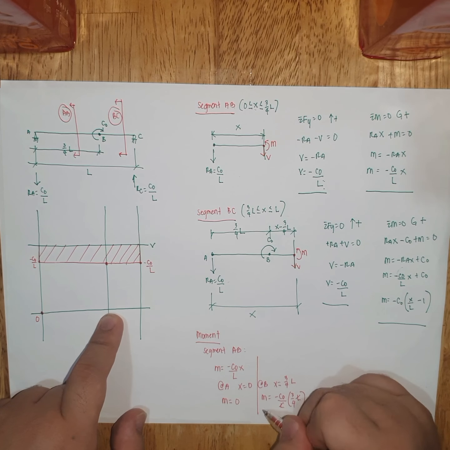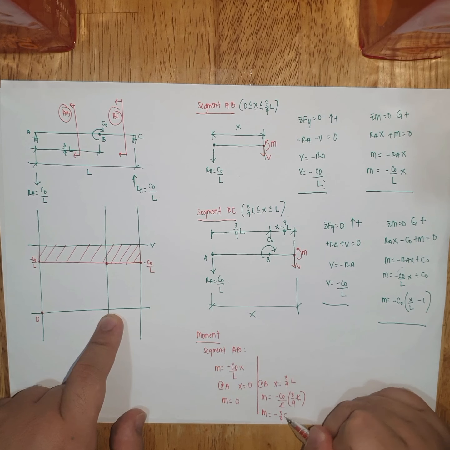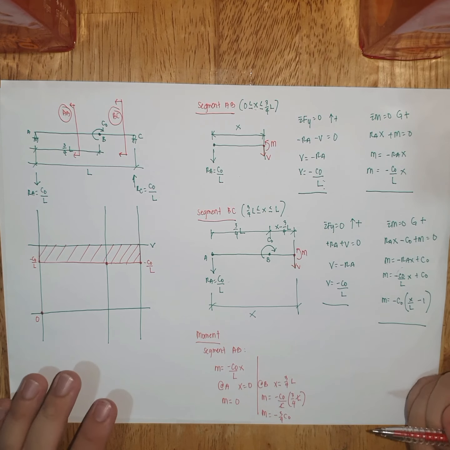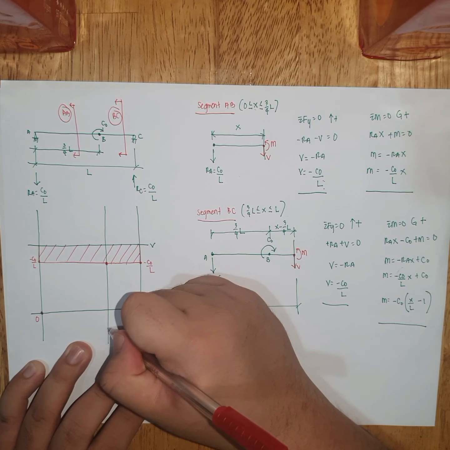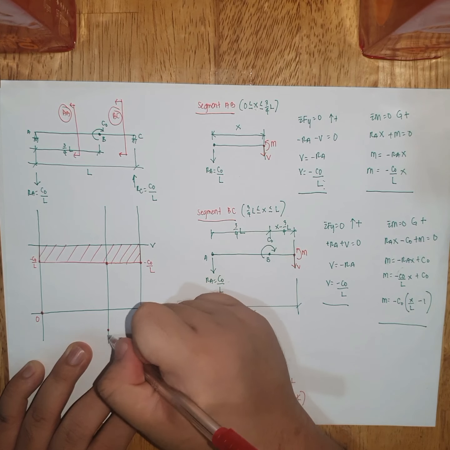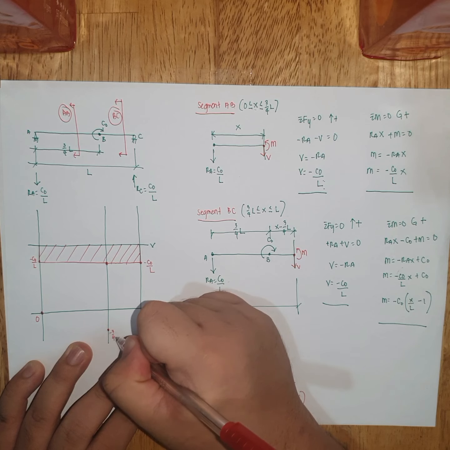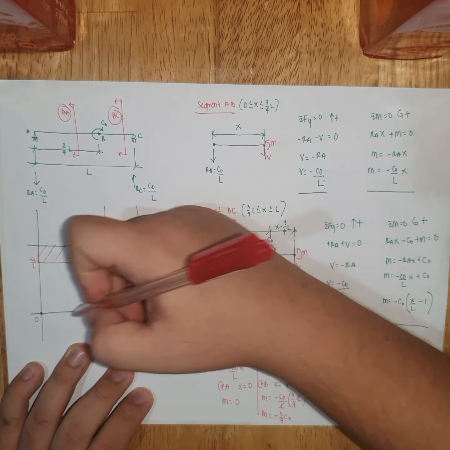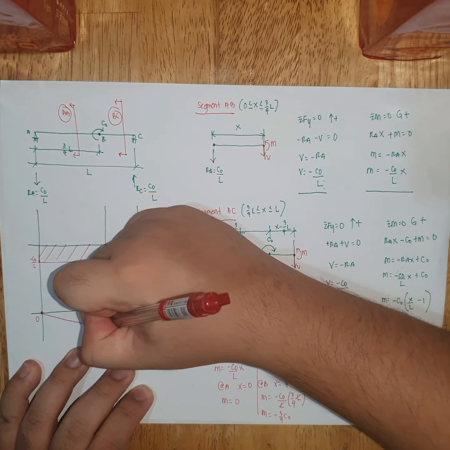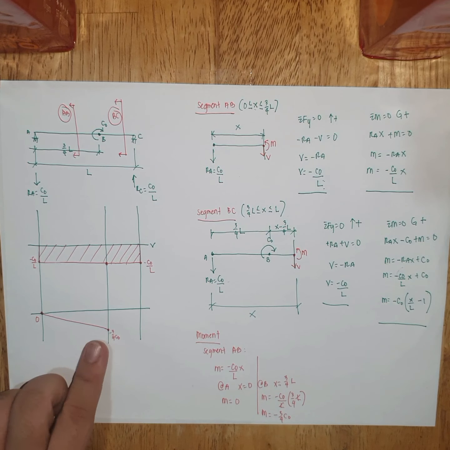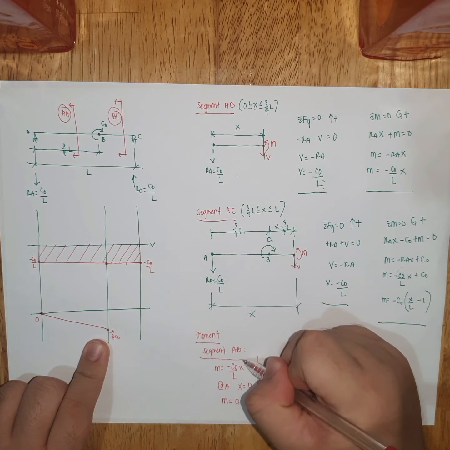So ang value ng moment natin is negative 3/4 ng C sub O. So assume lang natin ito yung value ng negative 3/4 C sub O. Okay, so ito, connect nyo lang. Okay, ito yung para sa segment AB.